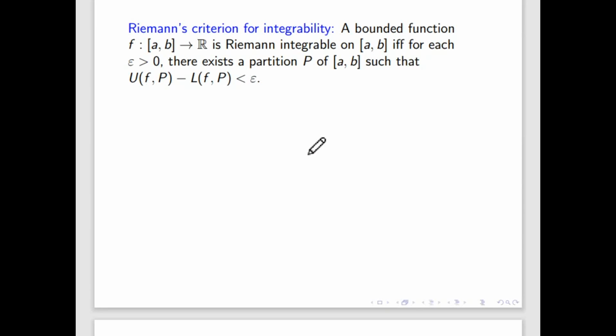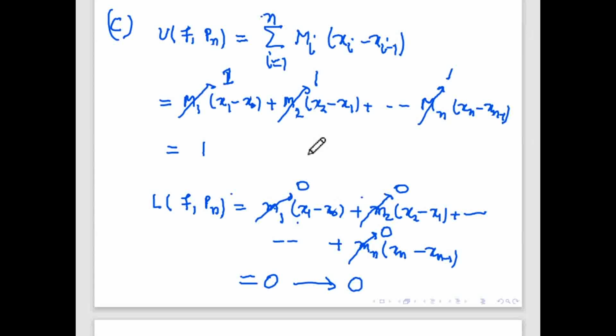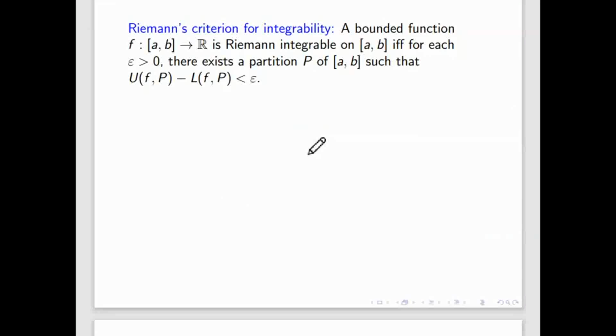That definition. Like in the previous example, we have upper sum 1 and lower sum 0. The difference between the upper Riemann sum and lower Riemann sum is always 1.